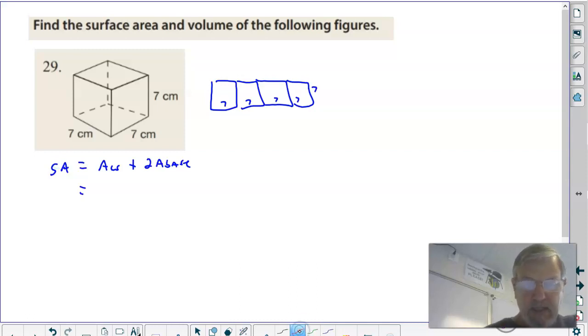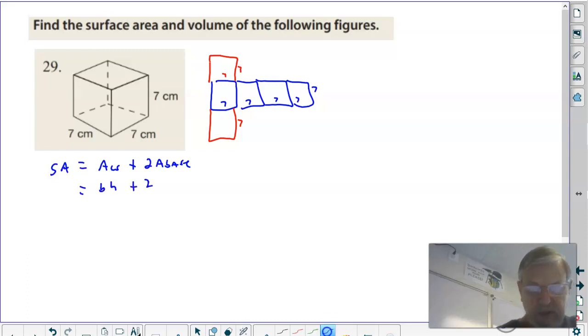And then you have 2 bases here. I'm going to do that in red, which again would be 7 and 7, and you have another base, again 7 and 7. So the area of the lateral surface is base times height plus 2 times the area of the base, which is base times height, or because it's a square, I'll just do side squared.